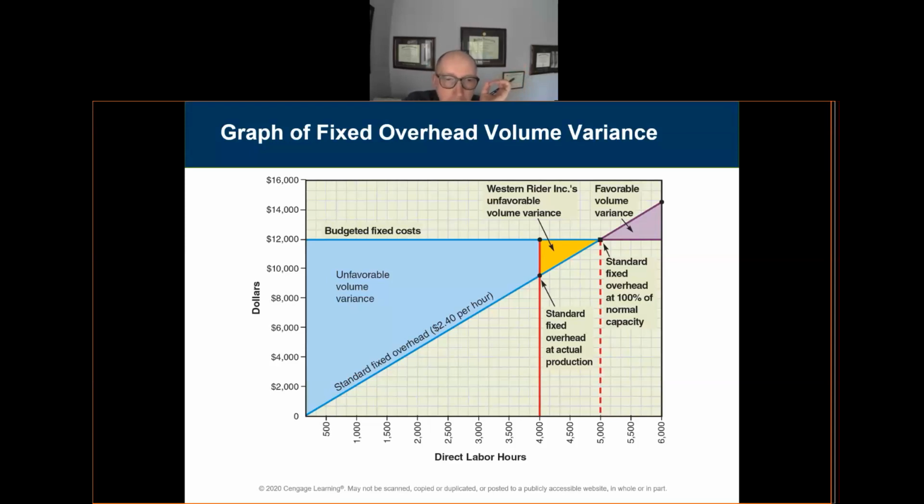Because if I am not using all of my machines to their 100% capacity, they're being underutilized. And because my fixed overhead is still going to be $2.40 per hour regardless of how much I'm using my machines, if I'm not using my machines at 100%, it's going to be unfavorable. So I hope that helps to clarify that.